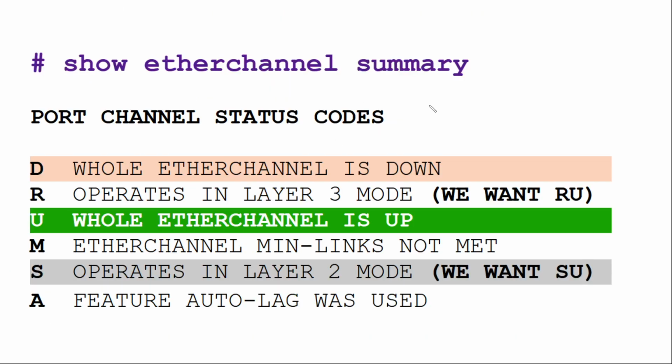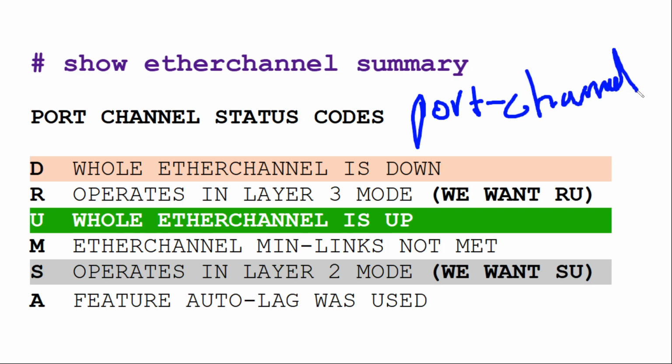Now, when it comes to the port channel status, we are going to use these codes, D, R, U, M, S, I. You want to see the capital letter U because it will tell you that this particular port channel is up. And you will see the code S, capital S, if your EtherChannel is a layer 2 EtherChannel, or the letter R if your EtherChannel is operating in layer 3. So you want to see RU or SU.